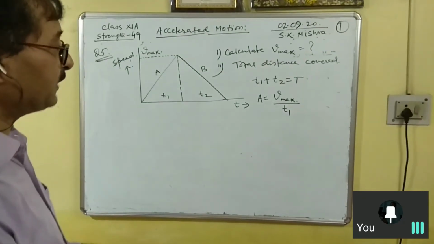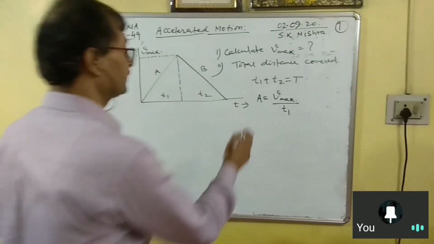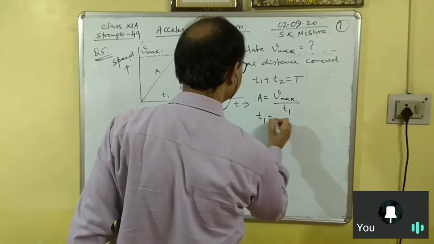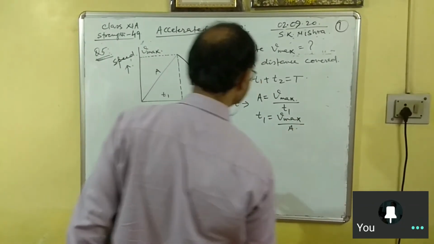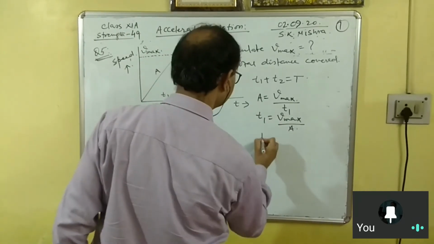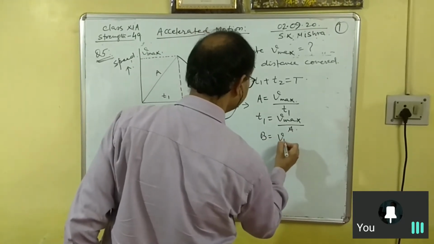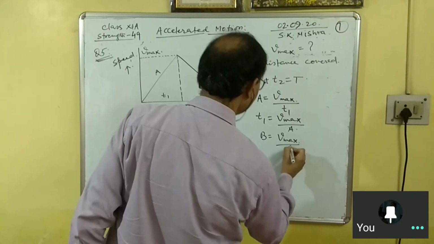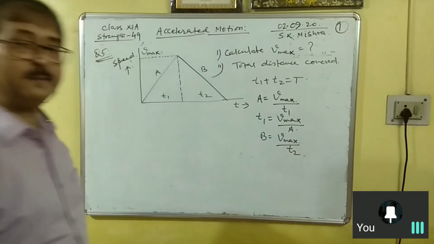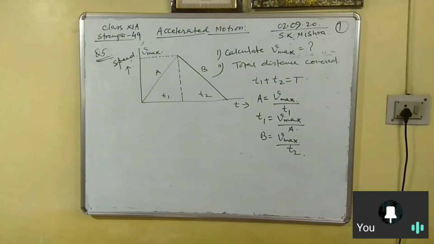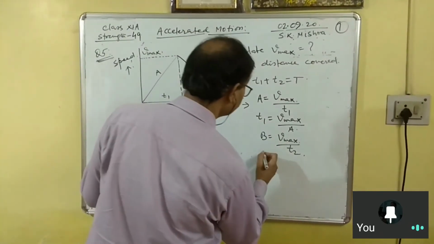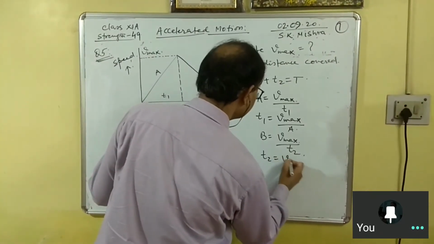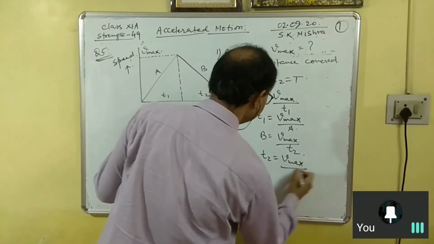So you can get t1 from this relation: t1 is equal to Vmax by A. Then for B, it is Vmax by t2, writing only magnitude. B is equal to Vmax by t2. From here you can find t2. So t2 is Vmax by B.